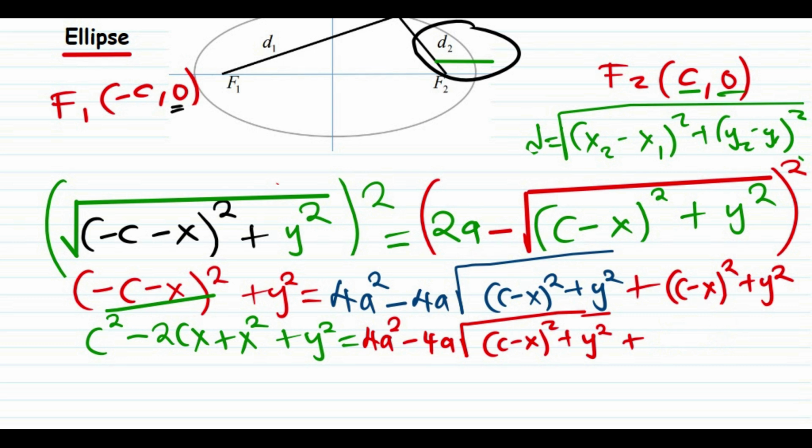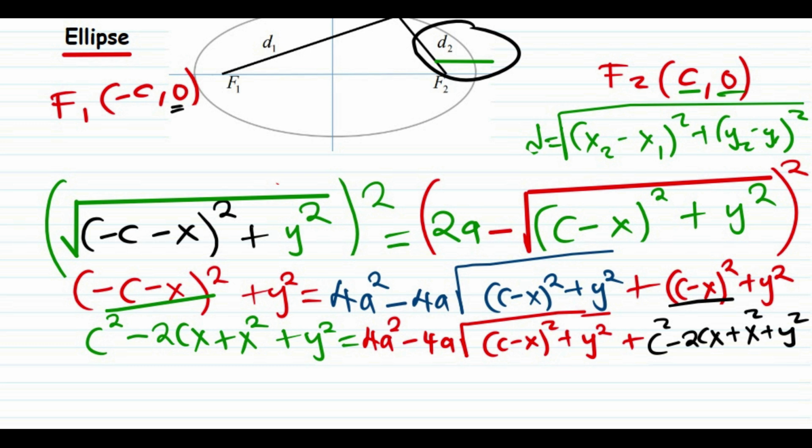So c times c there is c squared, and then c times negative x is negative cx, and it will come twice, so negative 2cx plus x squared plus y squared.